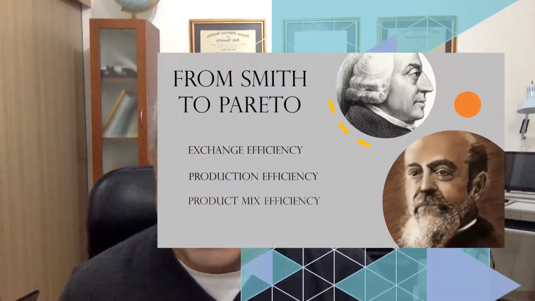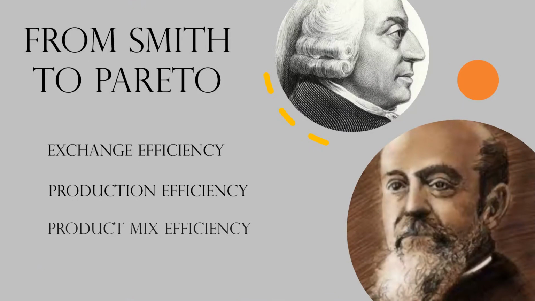Well, it has to do with an idea that was first introduced by Adam Smith in The Wealth of Nations. If you recall from week 1, Adam Smith talked about the invisible hand and how, through a seemingly invisible hand, buyers and sellers would come together and produce the most efficient allocation or distribution of goods and services in the economy.